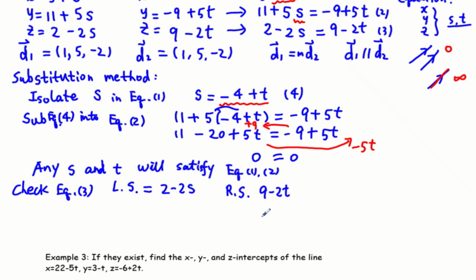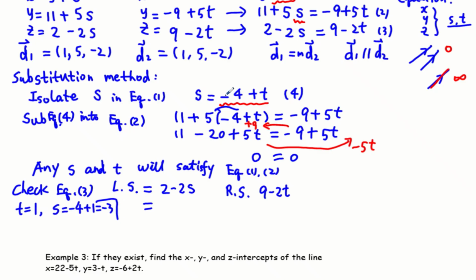So if we just give s equals 1, t equals 2, then we sub in because any s and t satisfy this equation. So okay, we give s and t a number, then we sub in this one. Okay, so t equals 1, then s sub in is negative 4 plus 1 is negative 3.